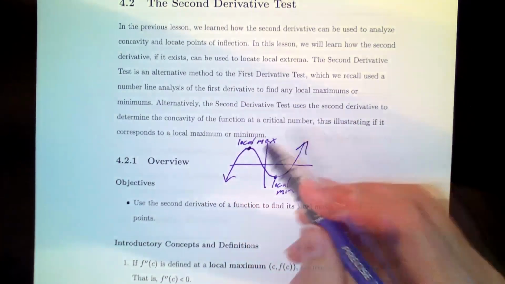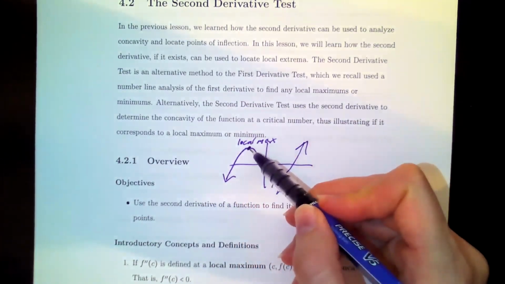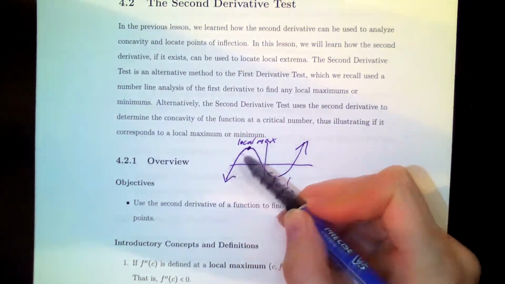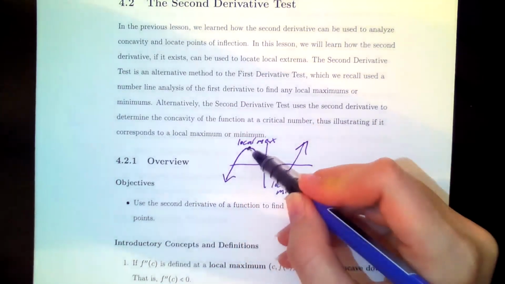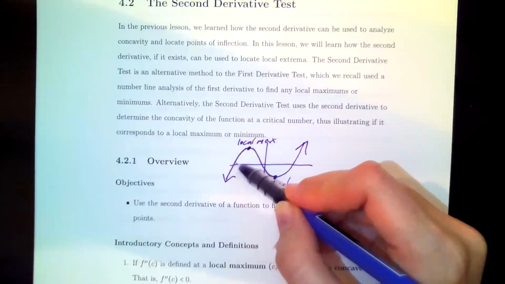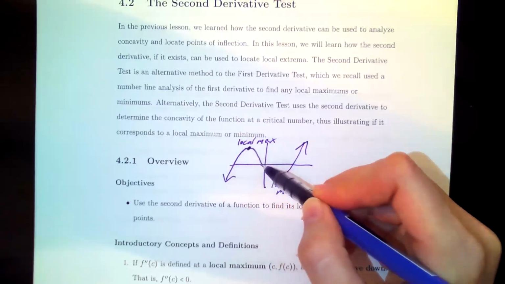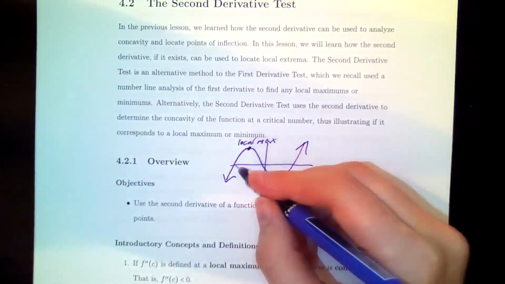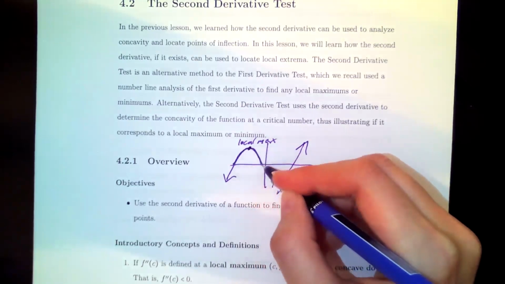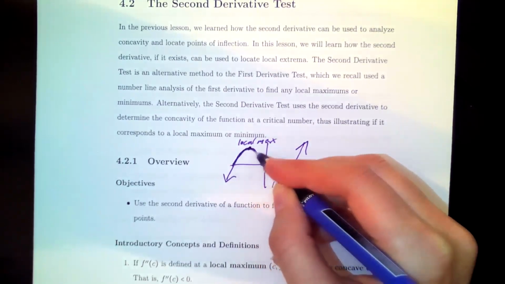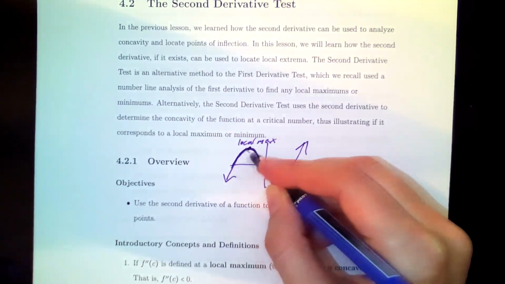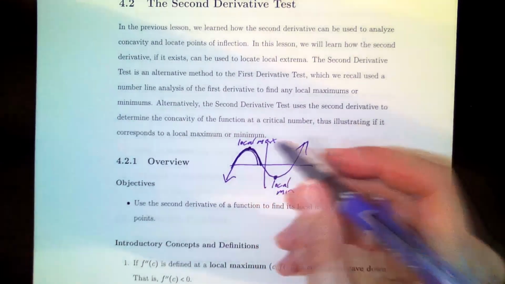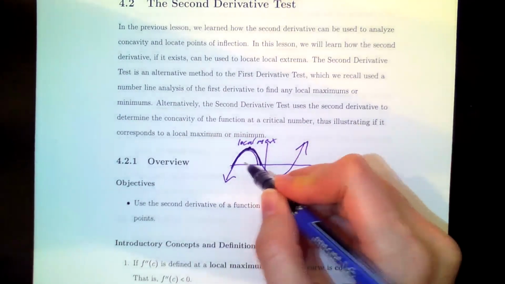But if you take a look at a local max, and you think about the characteristics of your curve, one, you see that at local maximums, your function's increasing on one side and decreasing on the other. That's a fact that we used for the first derivative test. But if we look at the shape of my curve over this entire region here, local maximums correspond to my graph having to be concave down.